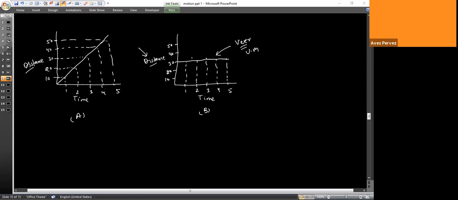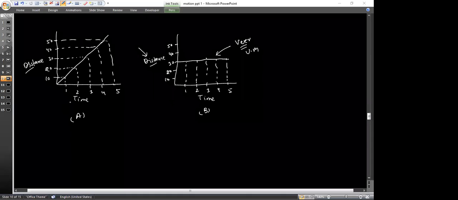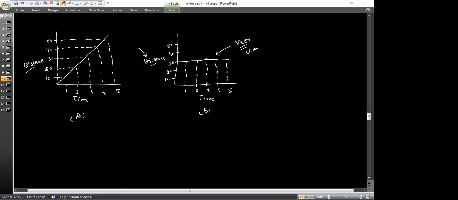So let me know, just use your mind. What informations are you getting from graph A? I guess graph A shows uniform motion because the difference of each one is 10 and it's a uniform speed, while the second one is constant and the distance should change, so it's not moving, it's at rest.